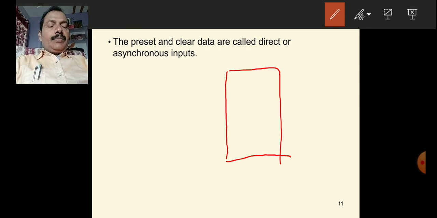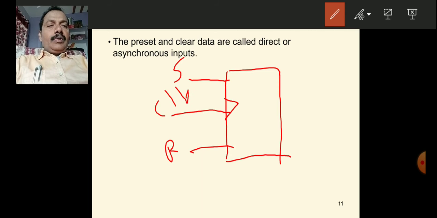For example, this is the SR flip-flop, with S input and R input, and this is the positive edge triggered clock flip-flop. So this is the SR flip-flop. We have Q and Q bar outputs. Now the asynchronous inputs are like this.